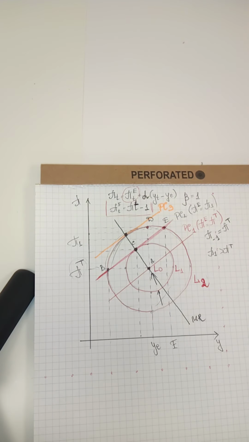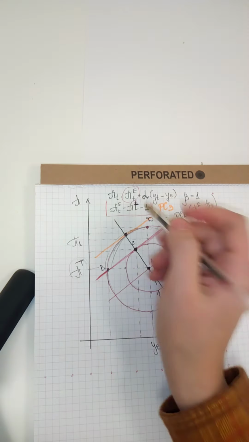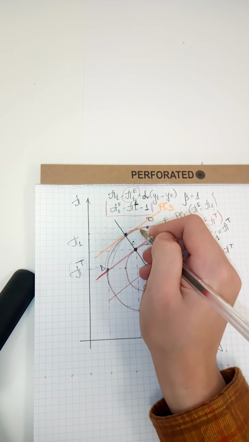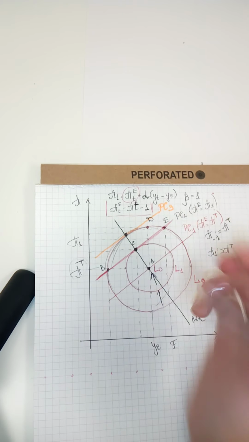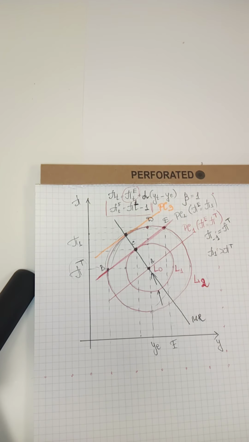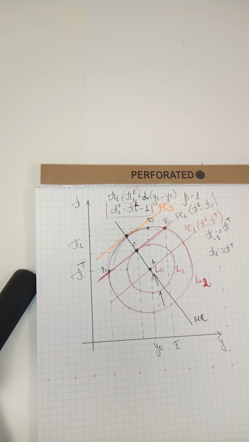So basically it implies that the slope of the iso-loss curve is equal to the slope of the Phillips curve. This is the definition of tangency: if two functions are tangent, it means that there is a point where they have the same slope.